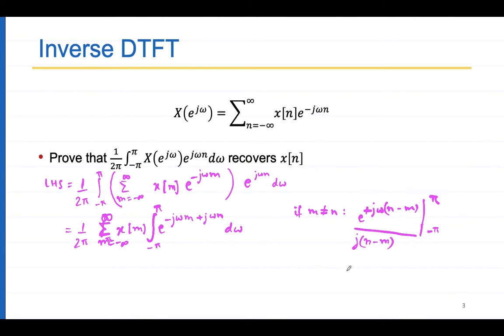So this is equal to e^(jπ(n-m)) minus e^(-jπ(n-m)), divided by j(n-m). Now notice that both n and m are integers, so e^(jπ) raised to any integer equals e^(-jπ) raised to that integer. So this term will be equal to 0.